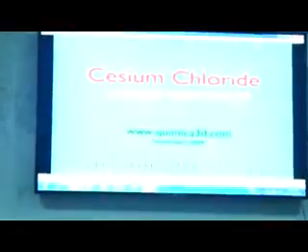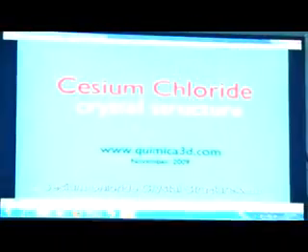Finally, let us see that of cesium chloride. It's a cubic coordination. Cesium ion occupying the empty space of chloride ion. You may see it is shown the other way around. Cesium ion at the corners and chloride at the center. Doesn't make any difference once the crystal is developed.